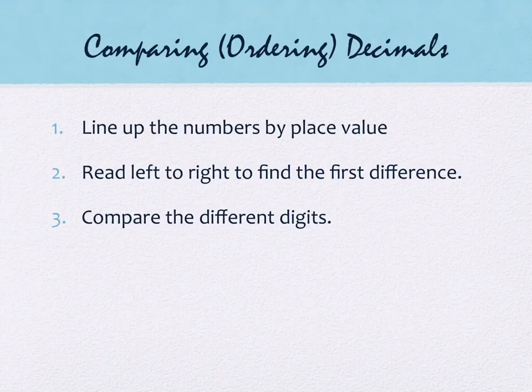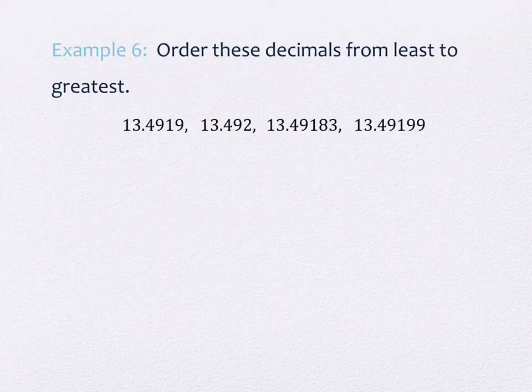So when we're given a problem, they're usually not stacked up vertically. They're usually written horizontally. So the first thing that I recommend doing is stacking them. So you can use one of them where it is, but I've got the 13, and then I've got 4,919 10,000ths. The next one is 13, and then 492 thousandths.